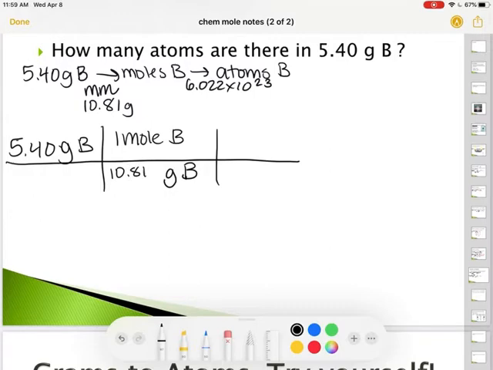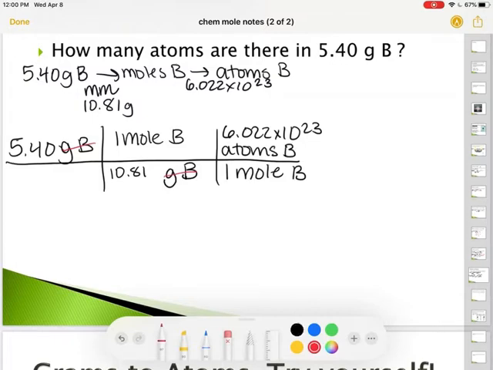And there are 10.81 grams of boron in 1 mole of boron. Okay, so now we have moles of boron. So now to get rid of moles of boron, in 1 mole of boron, there are 6.022 times 10 to the 23 atoms of boron. Now I can get rid of moles of boron. There we go.